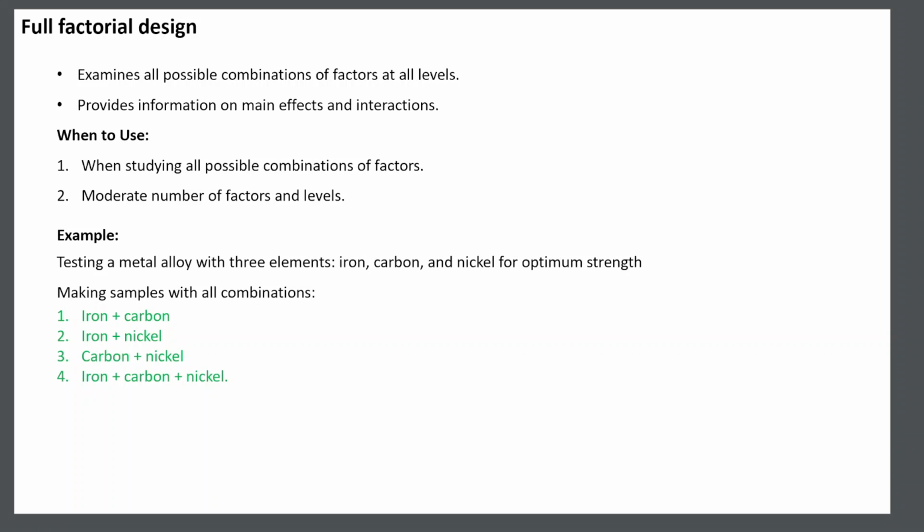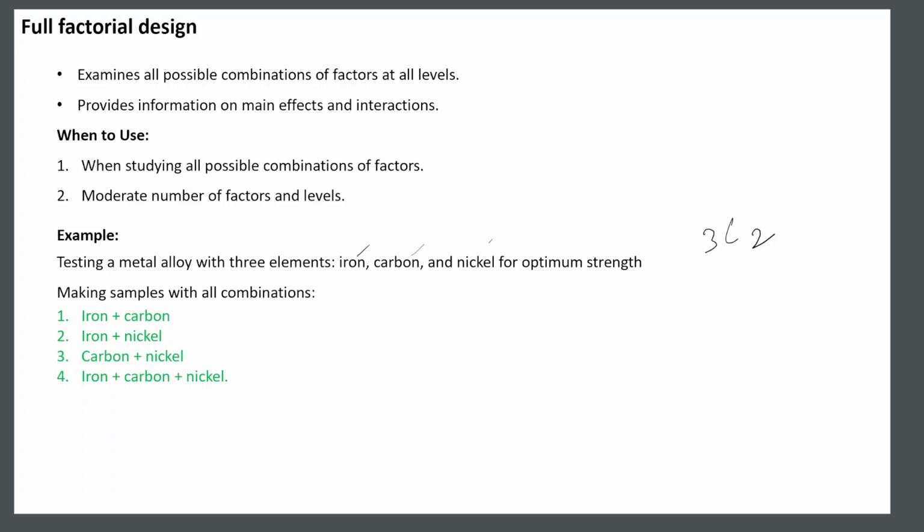For example, consider testing a metal alloy with three elements, iron, carbon, and nickel, for optimum strength. When we have three different elements, we have to study the different combinations.